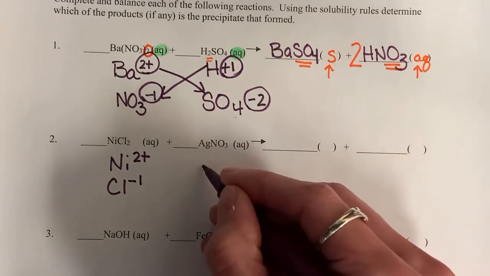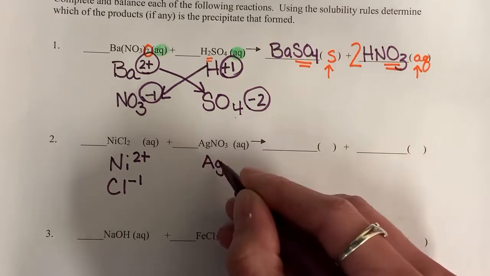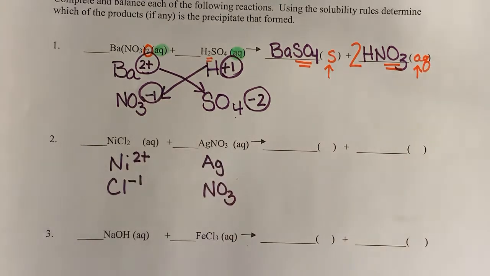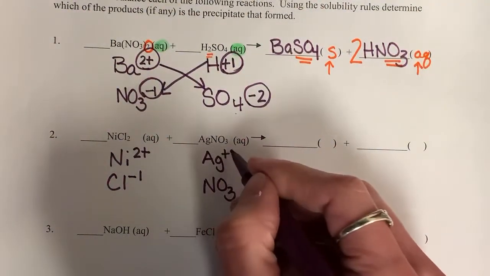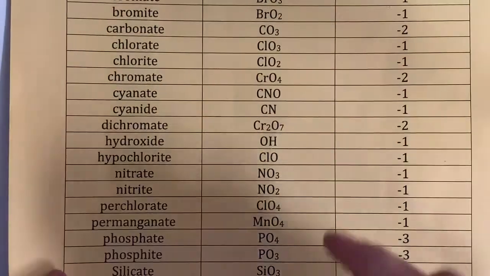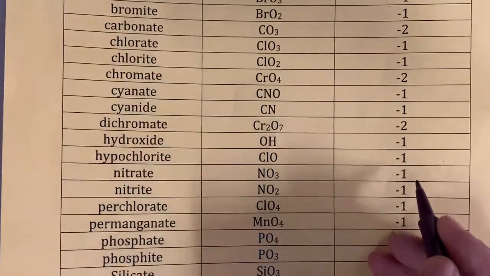AgNO3 is going to break into Ag and NO3. Ag has a charge of +1. NO3 has a charge of -1.